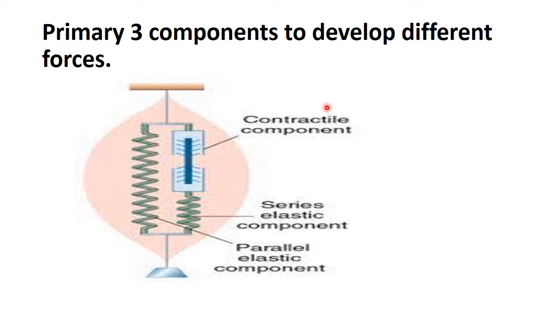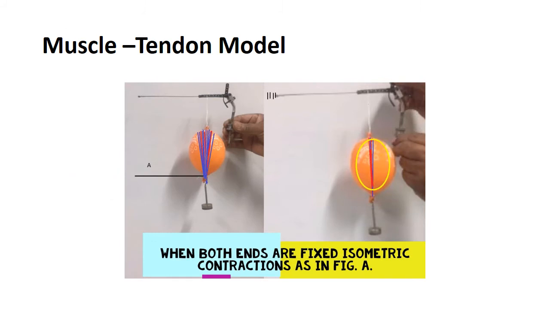So the components are three, with three different functions. So three different forces are developed, which are responsible for changes in the isometric contraction and isotonic contraction.